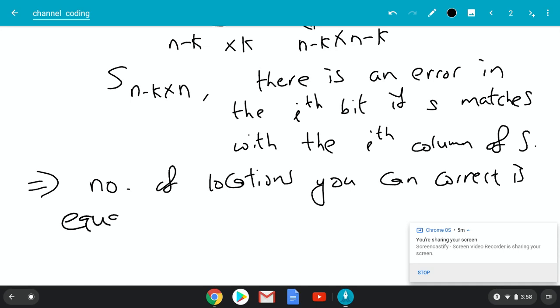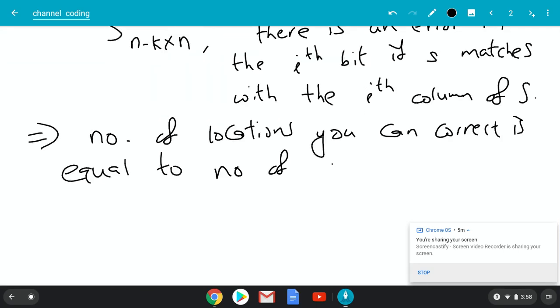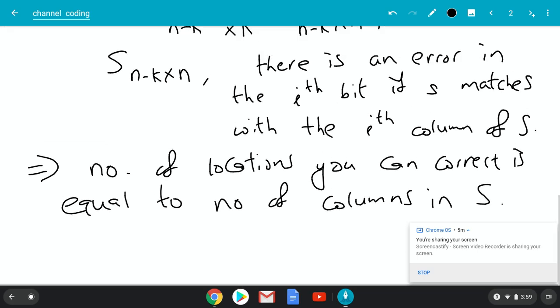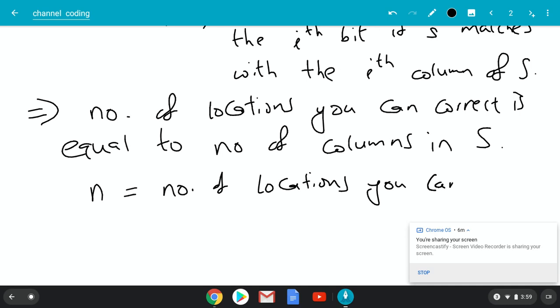Now if there are n bits in C hat, then the number of locations you can correct is also n. So n will be equal to the number of locations you can correct.